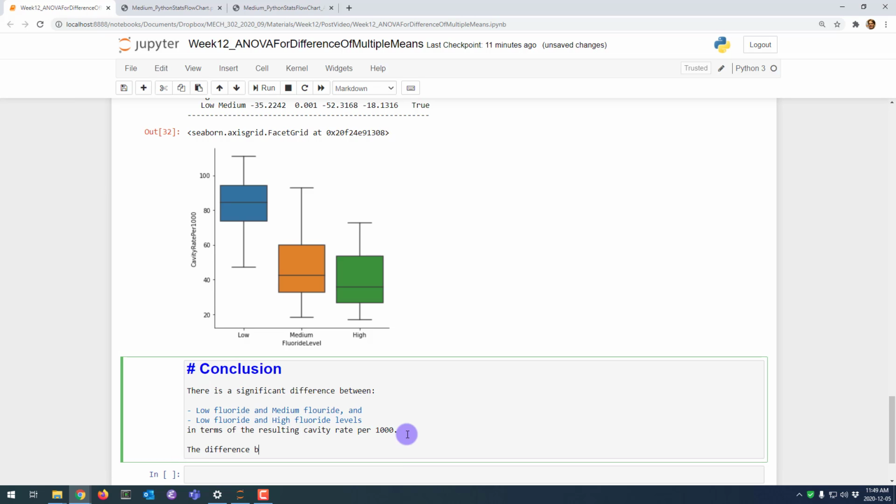The difference in cavity levels between the towns with medium and high fluoride levels, however, is not significant. All right. Not significant. There we go.